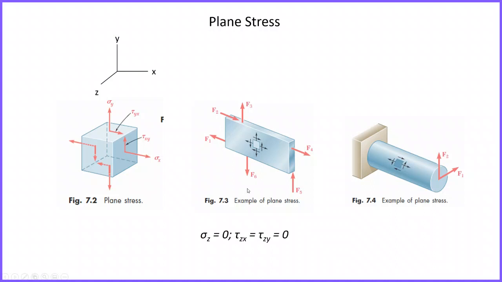This is an example of a thin plate. So the plane stress formulas are valid for this kind of thin plate. Also, if you want to measure the stress condition on the surface of a rod or tube, you can use the plane stress formulas.